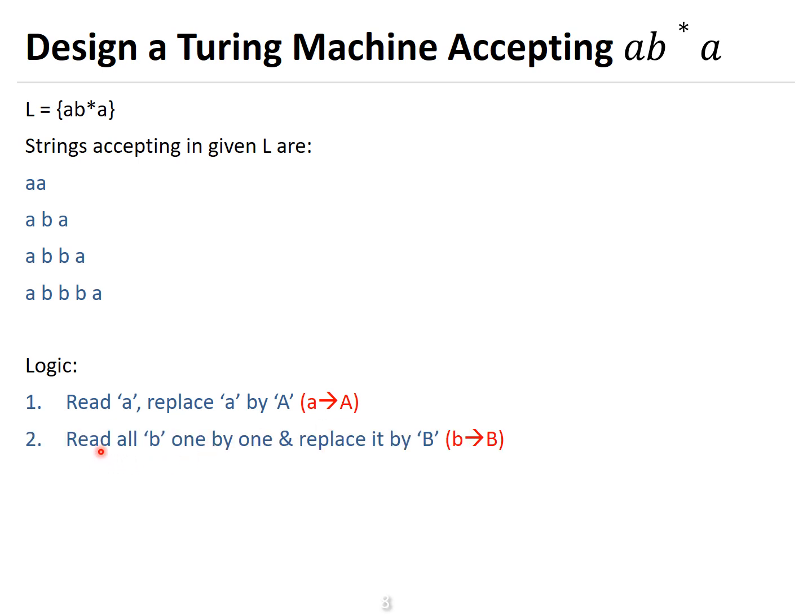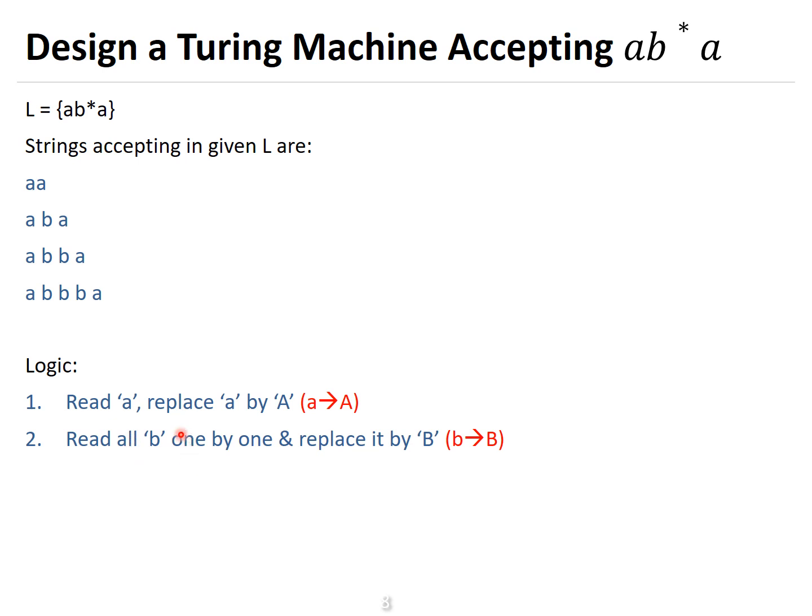Then once A is ready, I read the one A and replace that A by capital A. The second move is, your head moves to the next symbol, which is always B. It can have one B, or two B's, or three B's, n B's it can be.